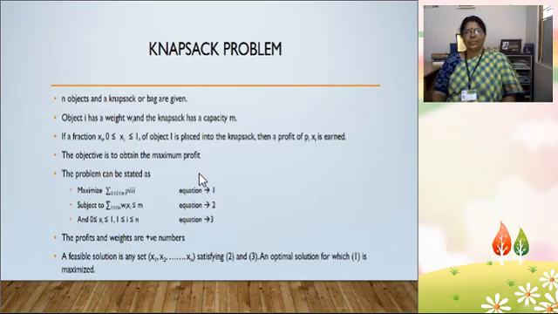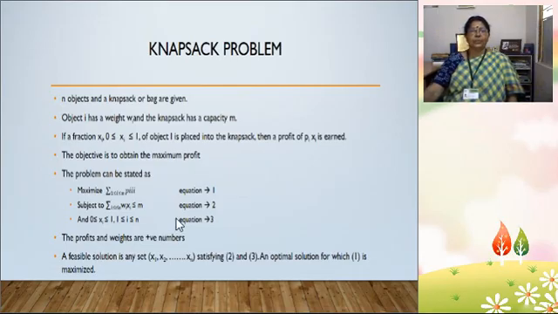So the objects should be added to the knapsack in such a way that the profit is maximized, at the same time the capacity of the knapsack is not exceeded. So that is the knapsack problem. We are given n objects and a knapsack of a given capacity, and the objects should be added in such a way that the profit is maximized without exceeding the capacity of the knapsack.